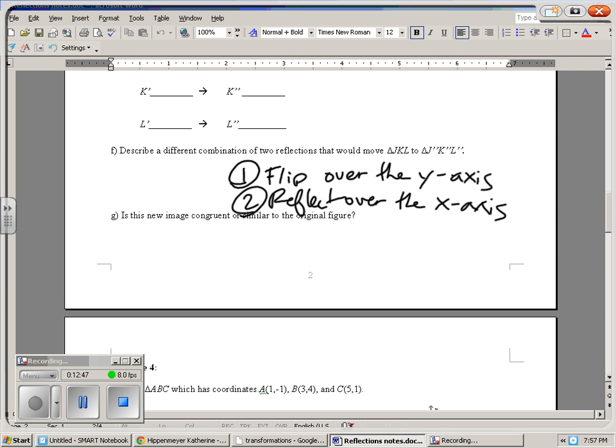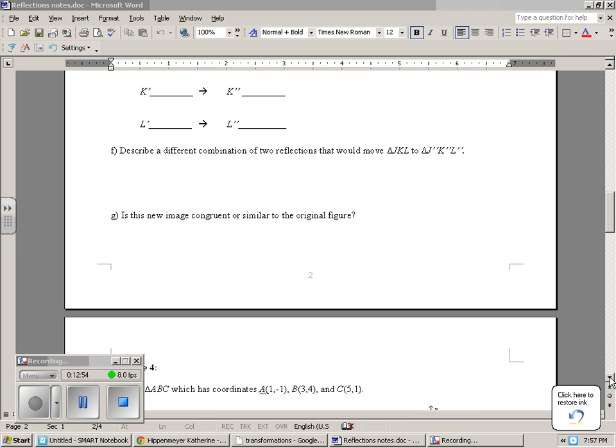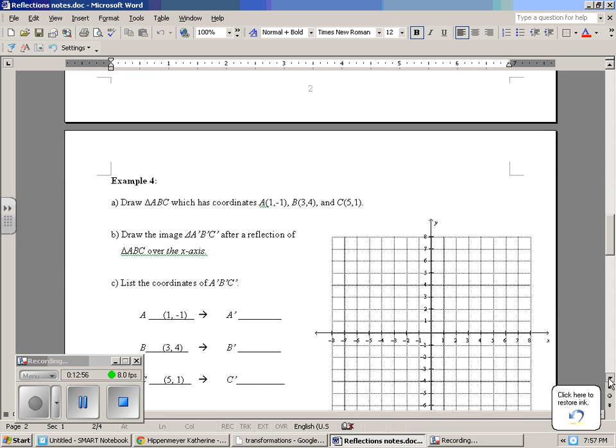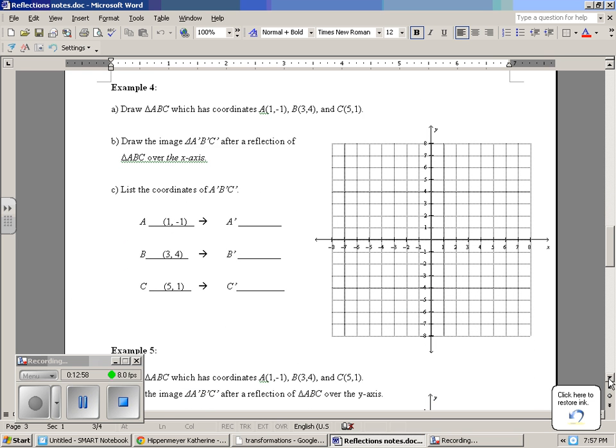Is this new image congruent or similar? I think you know by now it's congruent. Same size, same shape, just different location. Ready for example 4. Draw triangle ABC which has coordinates A (1, -1), B (3, 4), and C (5, 1).